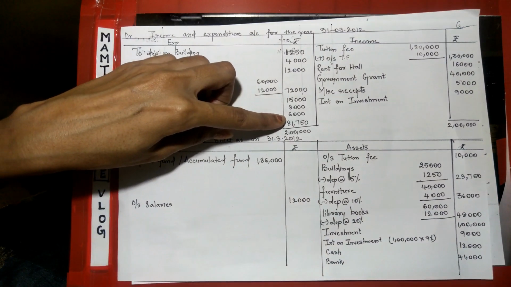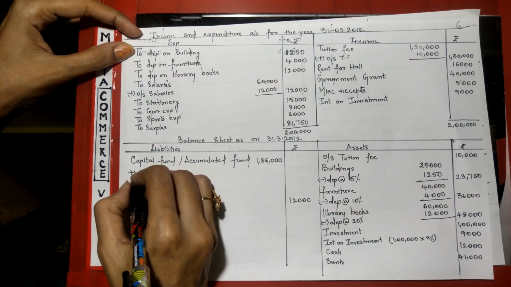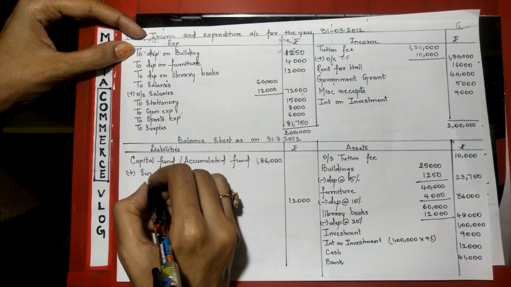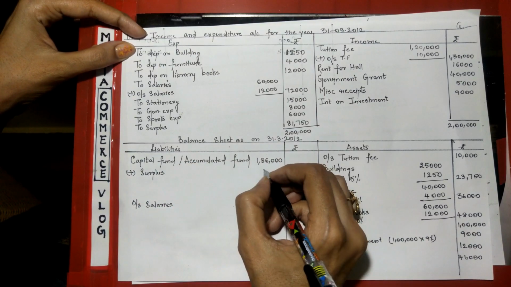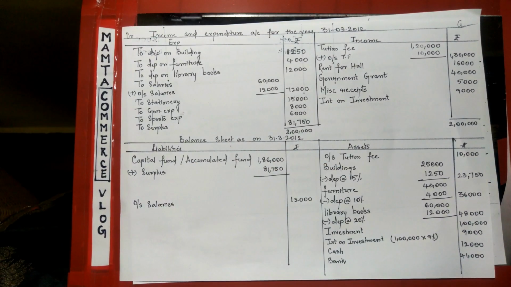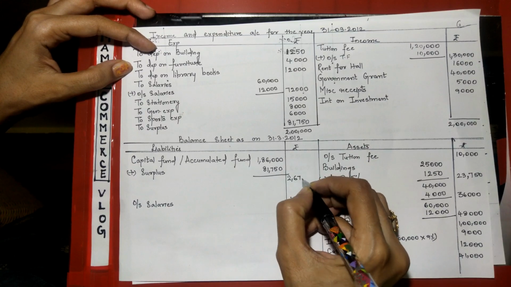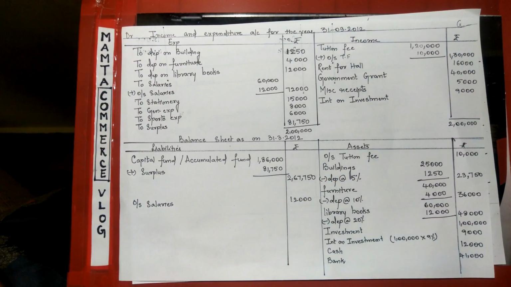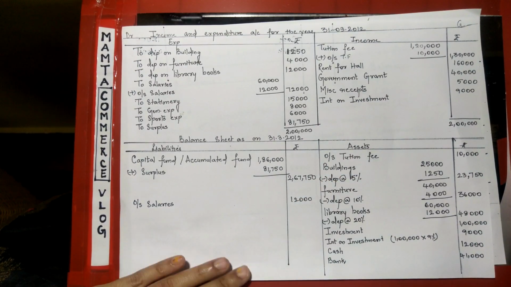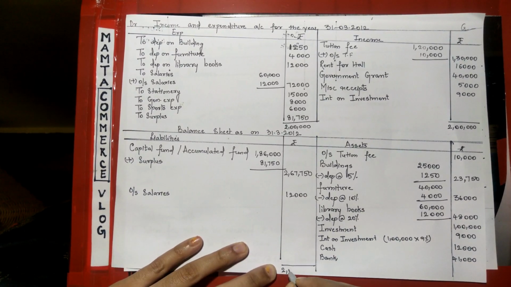Now we will add this surplus of 81,750 to the capital fund. So if we add, our total will be 2,67,750 plus 12,000. So we are getting 2,79,750 on the liability side.